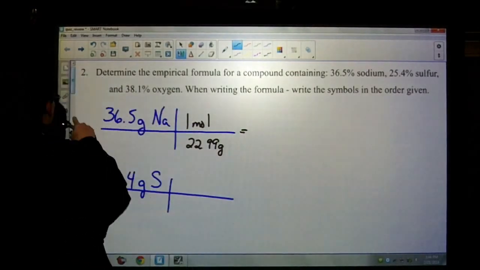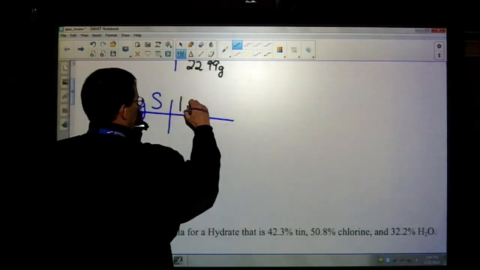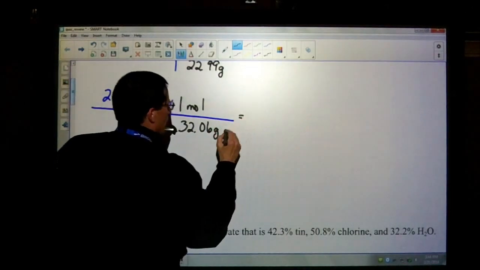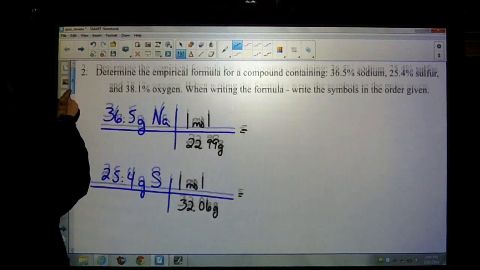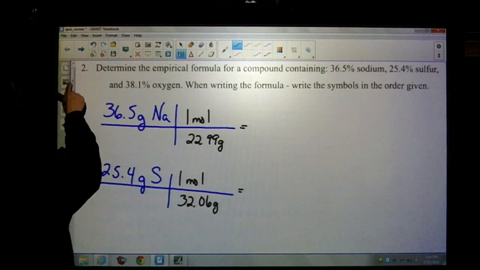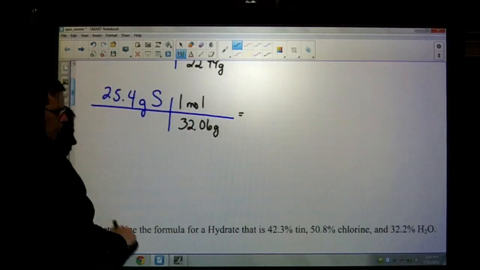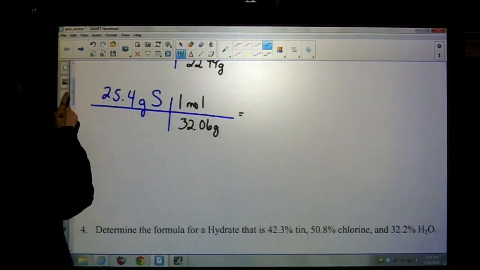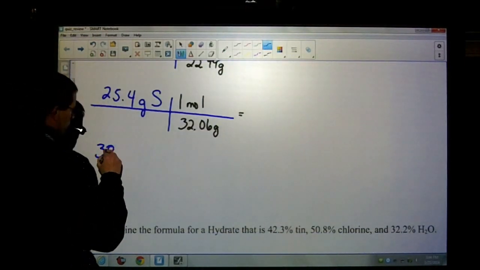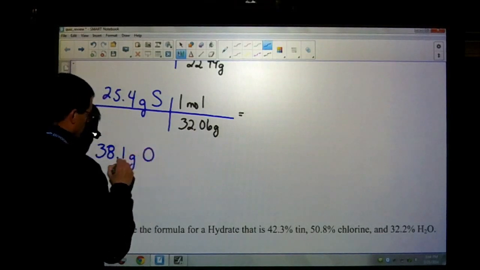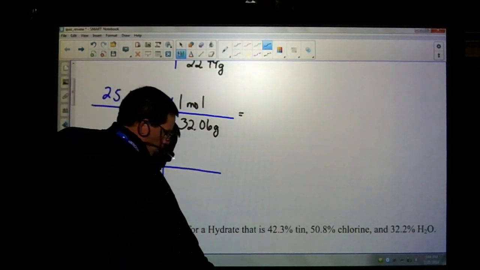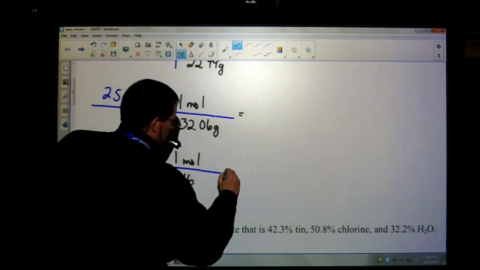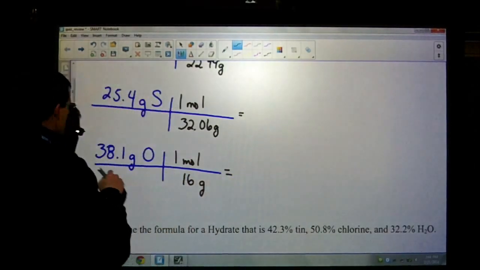And the molar mass for that is 32.06 grams, and we'll find out how many moles that is. And the last one is 38.1% oxygen, so we'll change that into grams as well. So 38.1. And the molar mass for that is 16. So let's find out how many moles of each we have here.